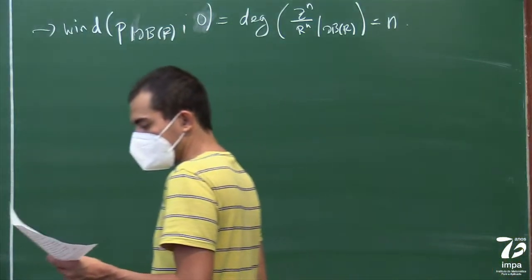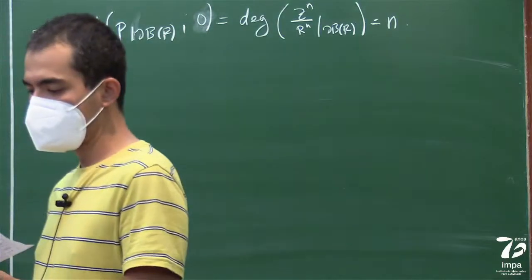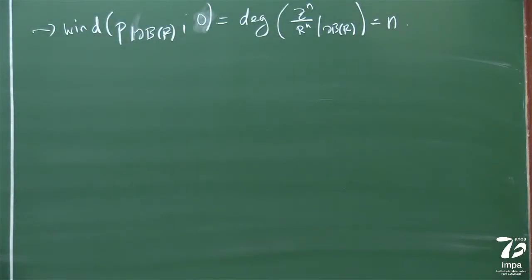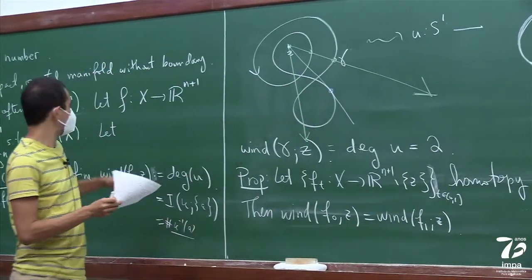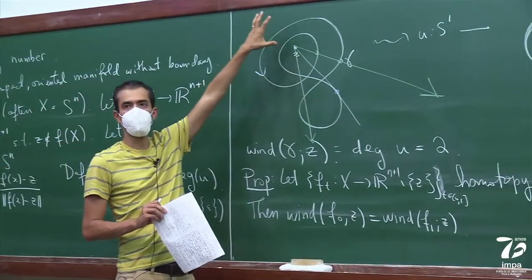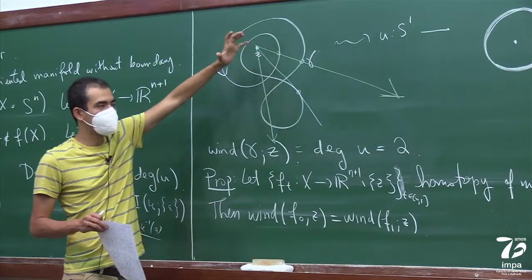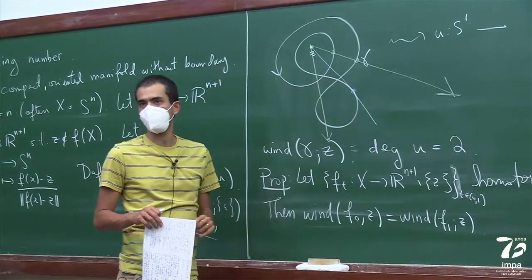Okay. So now I want to say what happens if you can extend your map to a disk. Let's say, for example, that you take this map that goes from the circle to R2 and say that you can extend the map to a smooth map on the disk. What can you say relating the winding number and this extension of the map to the disk?